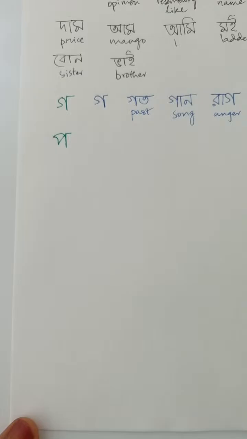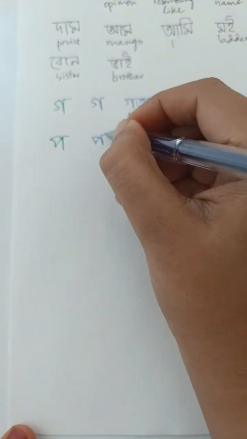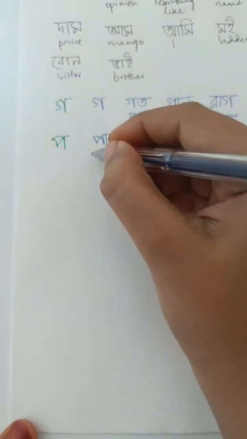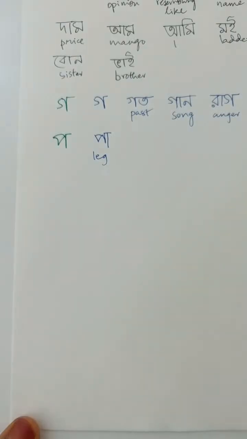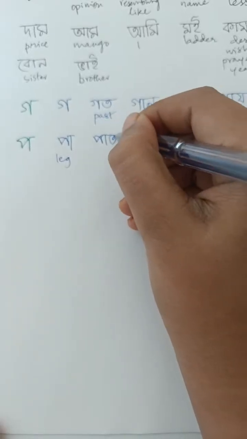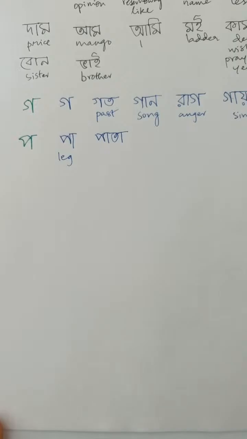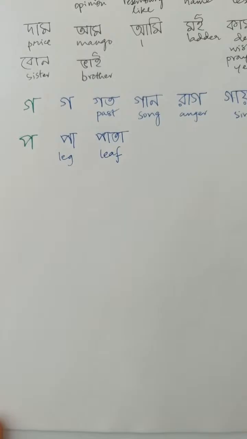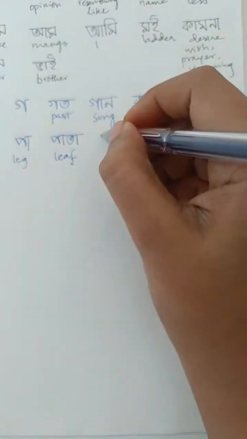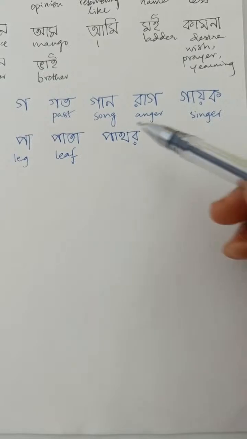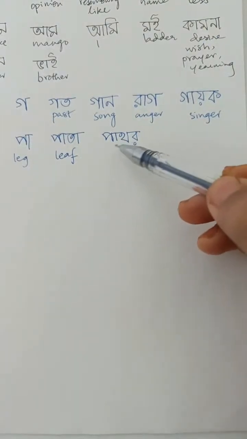Word. Read this. What is it? Pa. This means leg. Leaf. Pata. This is tha.